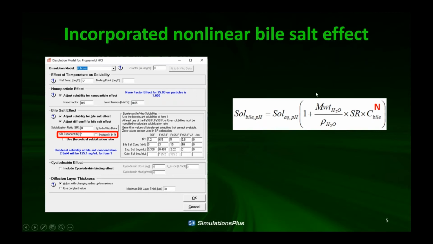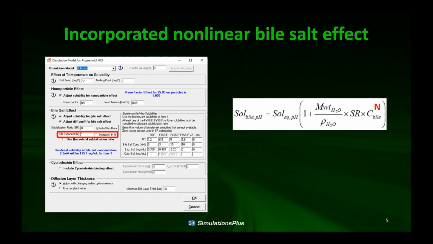If we look at the equations, this is how the model links the biosalt concentration to the solubility at the specified biosalt concentration and the pH. Without this N, this is a linear equation. With this extra exponent term, especially if N is not equal to 1, this more represents a nonlinear biosalt effect.